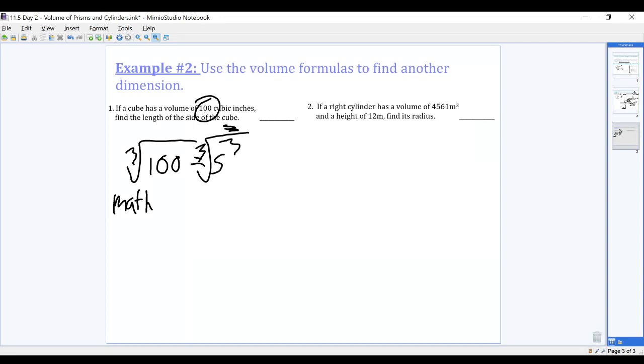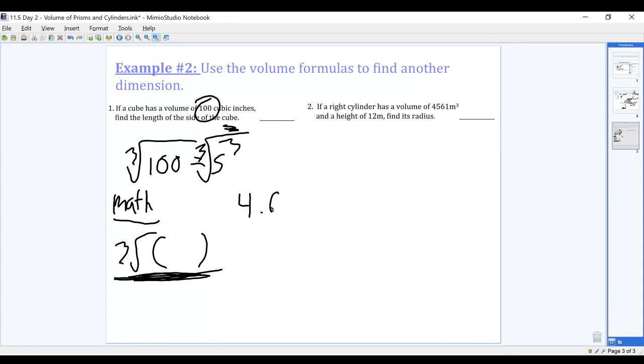You need to click the math button, and then there should be something that looks like this, that you can punch in on your calculator. Once you click math and then you find this symbol, click enter, and then you'll be able to cube root something. So cube root the 100, you should get 4.6, I think.